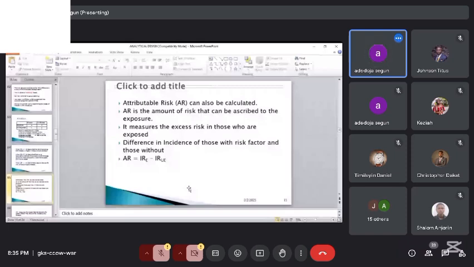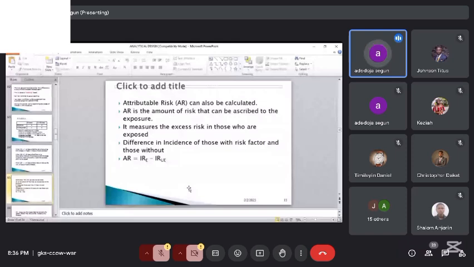For us to calculate attributable risk, we need to take the difference. We need to subtract the incident rate of unexposed from the incident rate of exposed. As far as relative risk is concerned, we take the fraction, but here it is the difference between them.